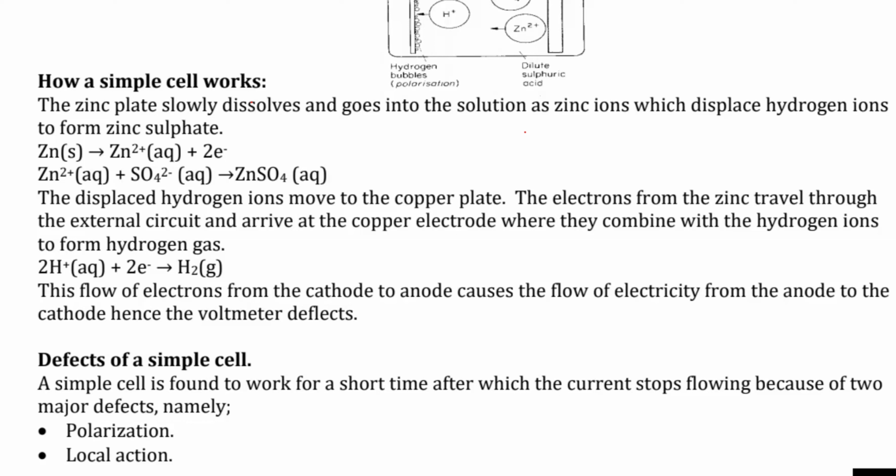You can try this experiment at home and see if something is given off. At home, we may not have a voltmeter, but you can get an LED bulb. An LED bulb is a small bulb which uses a small current.